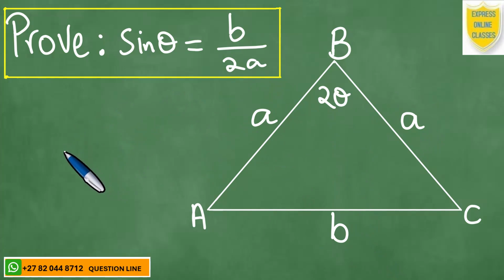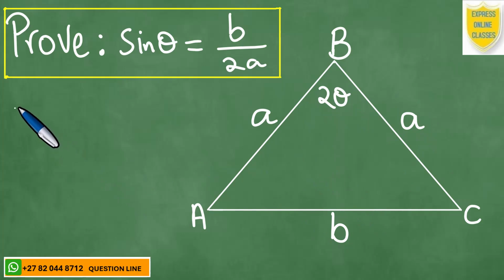Now, to prove this in a step-by-step fashion, there are a couple of ways we can prove this. One of the easiest ways is to use the law of cosines.